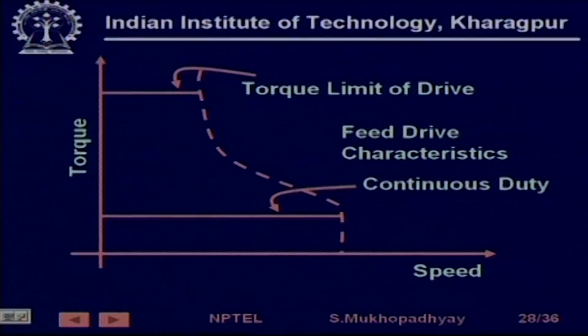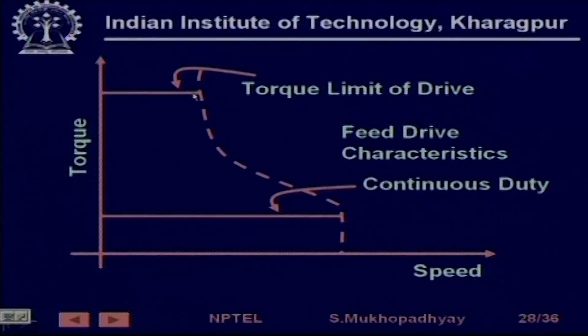Sometimes it may happen that for short times, because of material inhomogeneity that is encountered, these torques can suddenly rise to very high values, but that should not affect the cutting.